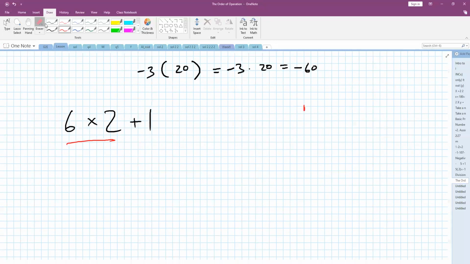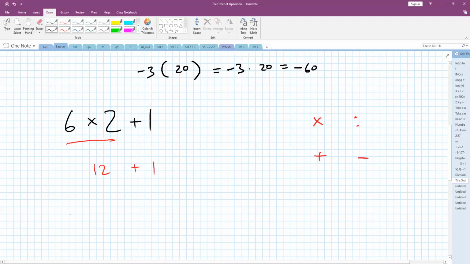Multiplication and division are higher than addition or subtraction. So we have to do 6 times 2 first, and that gives you 12. And after that, you will add 1.